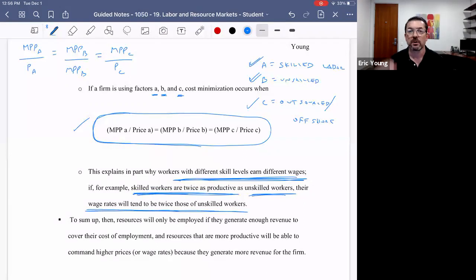This gives you a lot of clues, both as a potential manager one day on how to organize your production to maximize your profits, but critically, it should be giving you some food for thought.